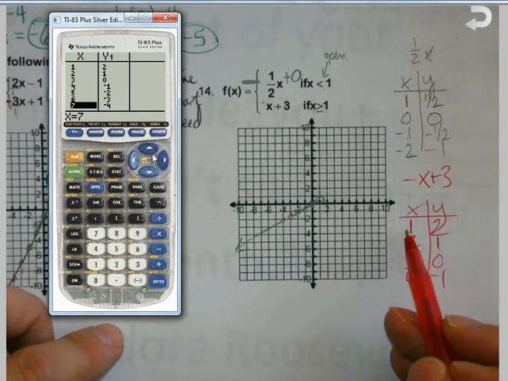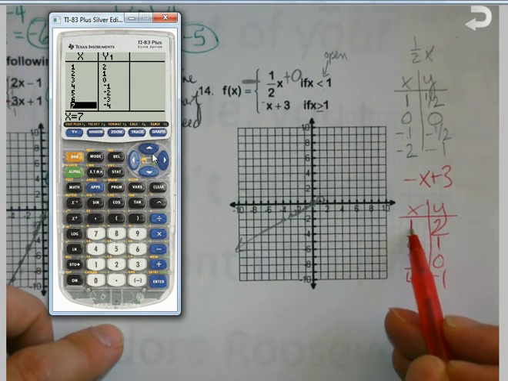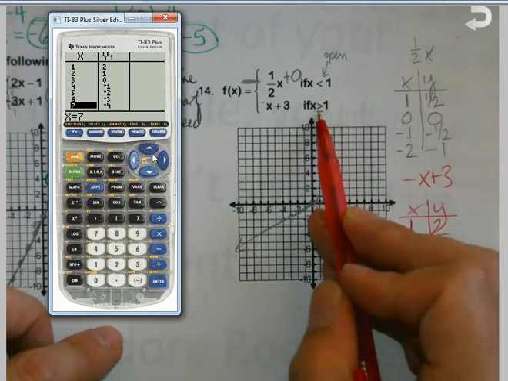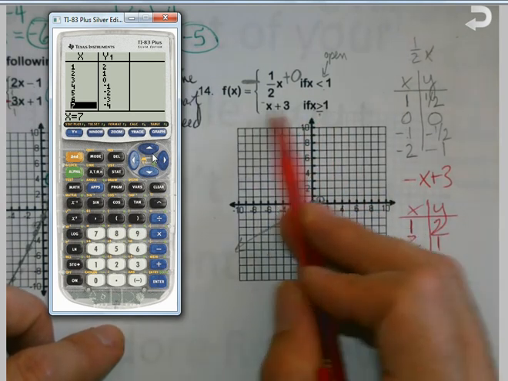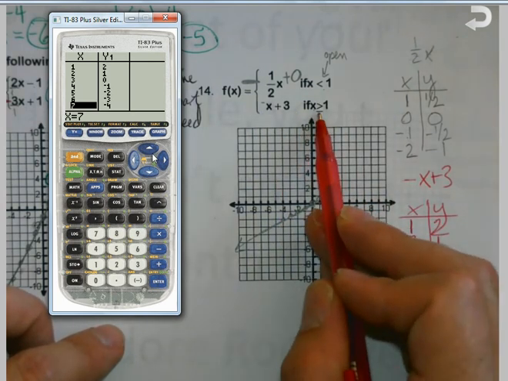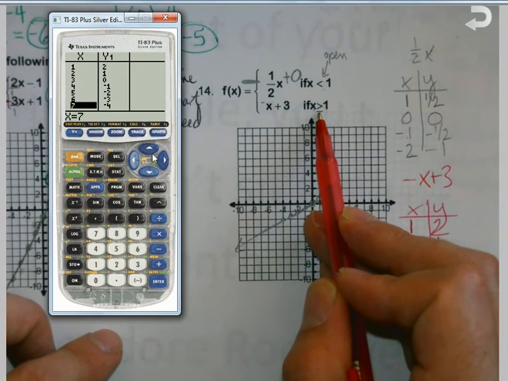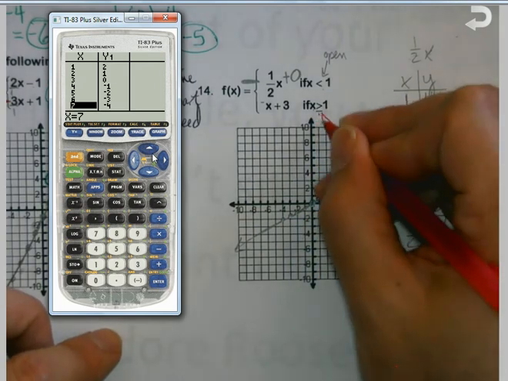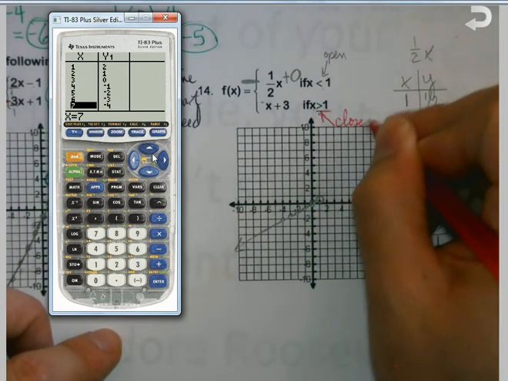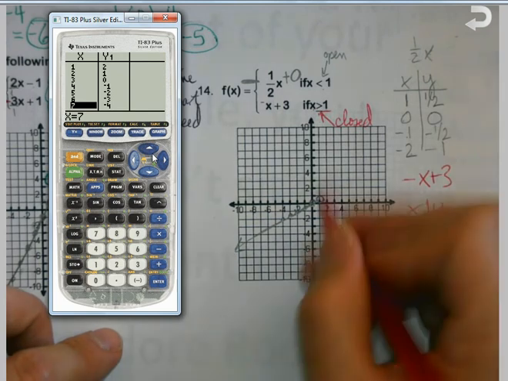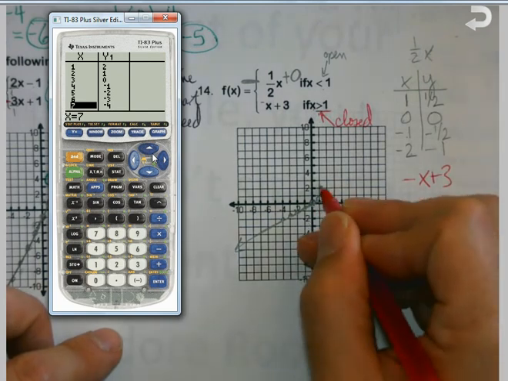Now, at x equals 1, for my bottom one, for my -x plus 3, is this going to be open or closed? Closed because we have the line underneath it. So I'm going to go to 1, 2, right 1, up 2. I'm going to put a closed dot.